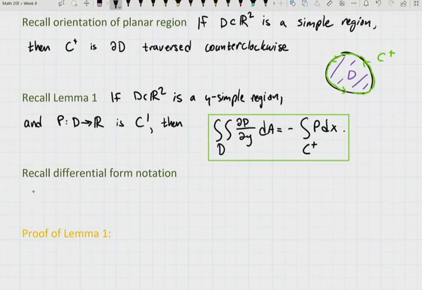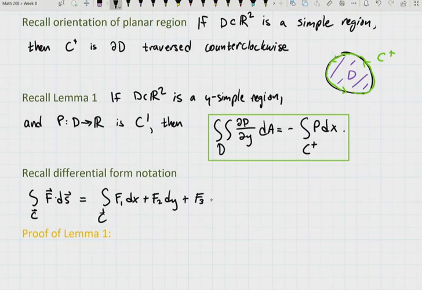That's when you have a path integral, a line integral of some vector field over a path, you may also write that as f1 dx plus f2 dy plus f3 dz, where F is f1 i hat plus f2 j hat plus f3 k hat. f1, f2, f3 are the components of vector field F.